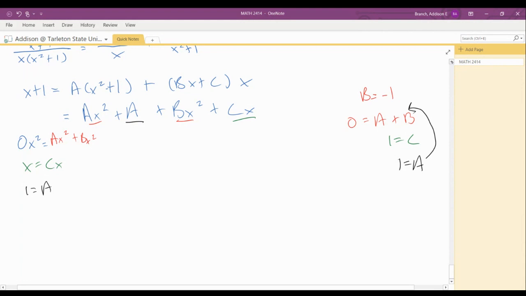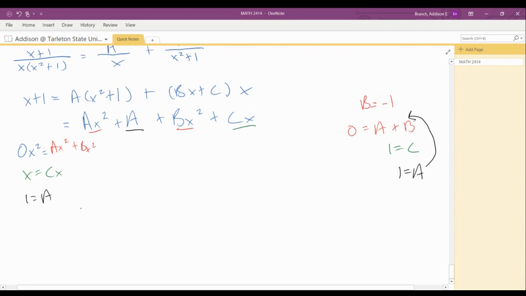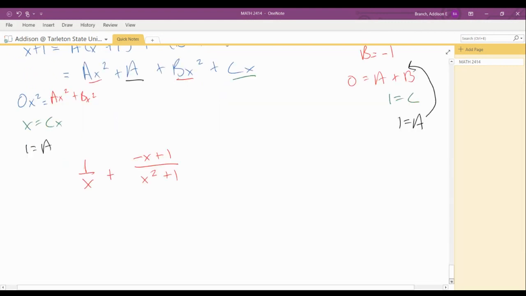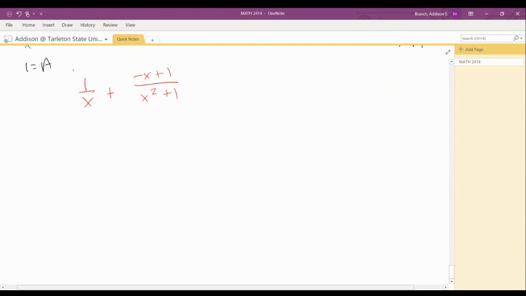So now it's time for us to reset up our decomposition again. We know that we have 1 over x plus (-x plus 1) over (x squared plus 1). Now if we integrate, once again, let's split it into two. This piece is fine. We know that one is just ln of x.